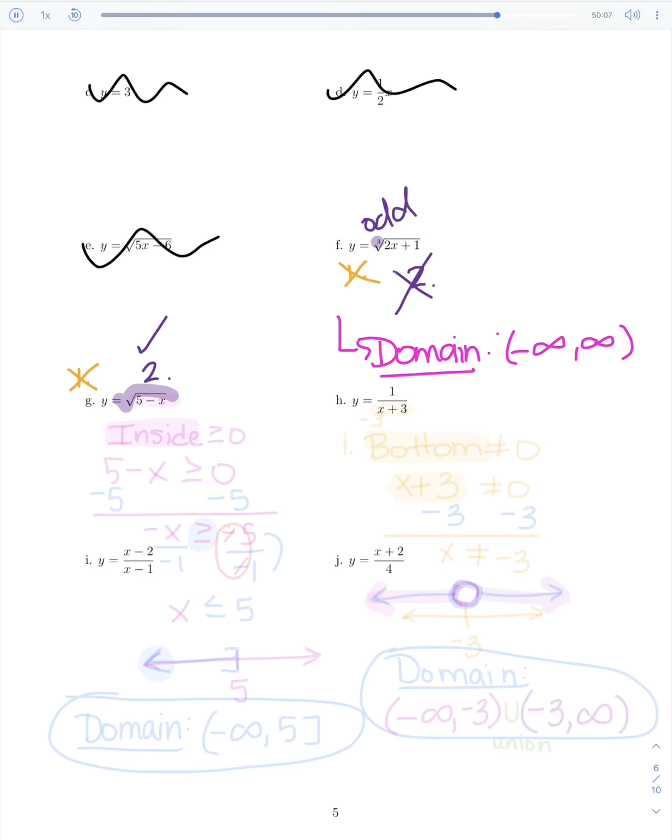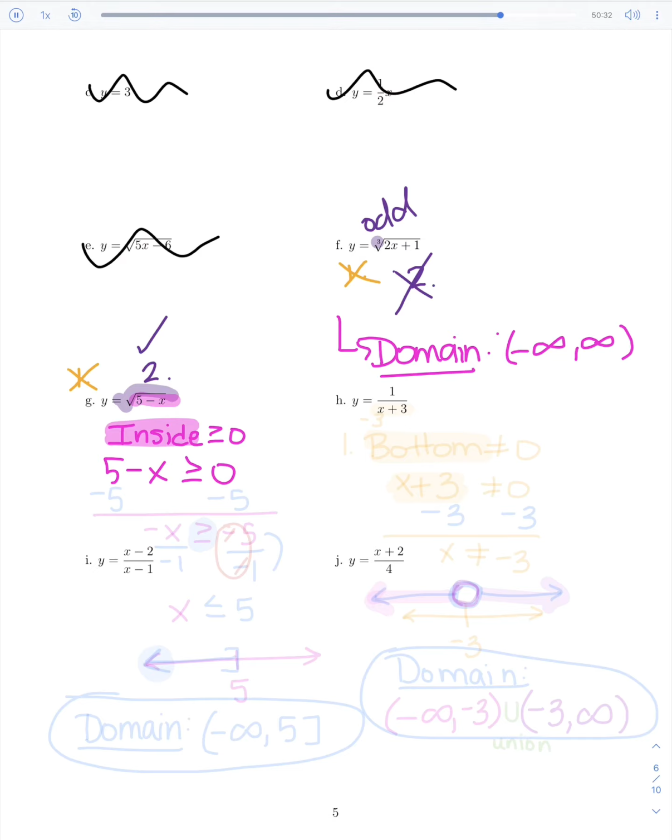So we are worried that whatever is inside the root, if it's an even root, needs to be greater than or equal to 0. So the inside is this 5 minus x. So that inside part, the 5 minus x, needs to be greater than or equal to 0.